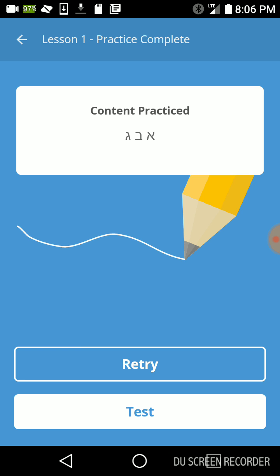Yod. This is a Y in Hebrew. But I'll show you later. Yod. Chaf sofit right there. Chaf sofit right here. Kaf, right there. There you go. Kaf.